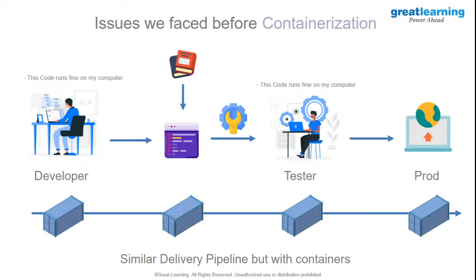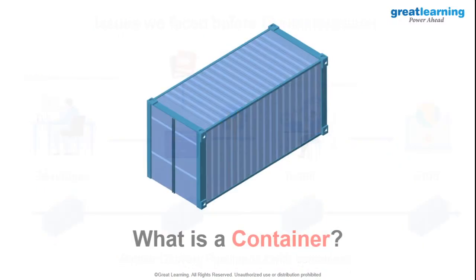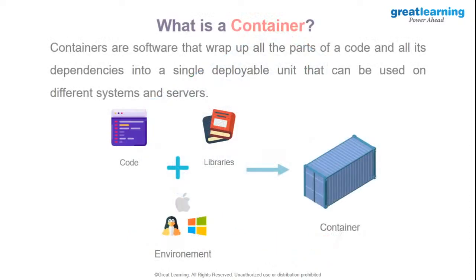And when I talk about containerization, Docker is what comes to mind, because Docker allows us to create these containers. If we look at it again, you can see the code, the libraries or dependencies, and the environment taken together can be put inside a single deployable unit that can be used on different systems and servers. That's what a container is.